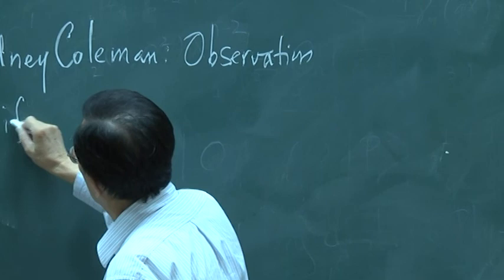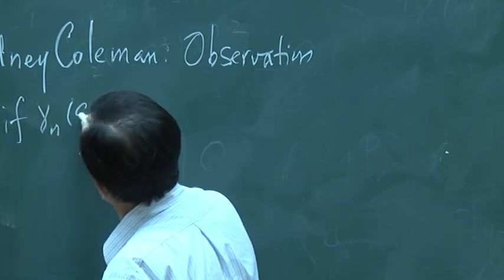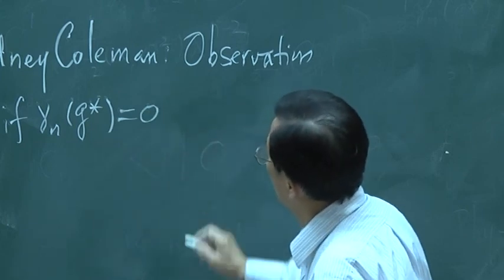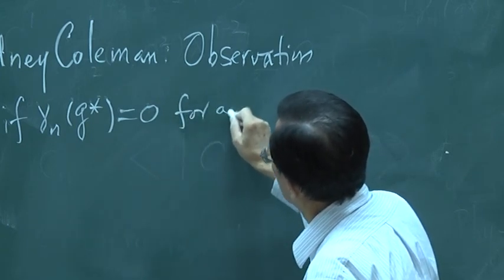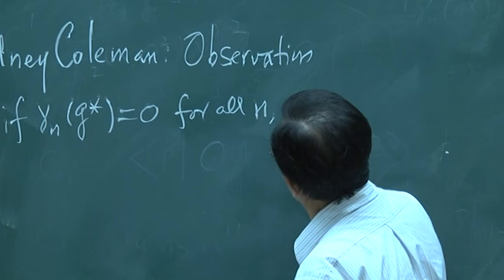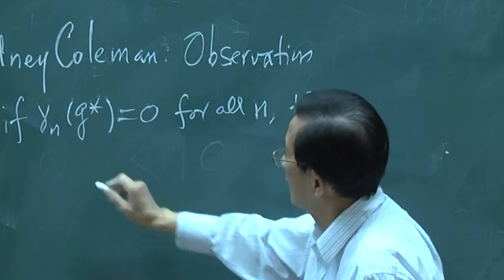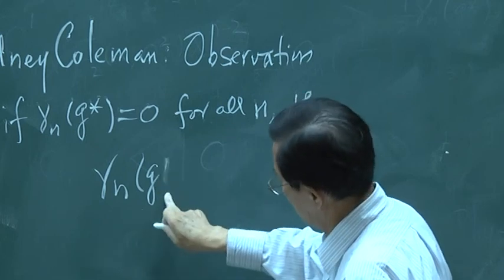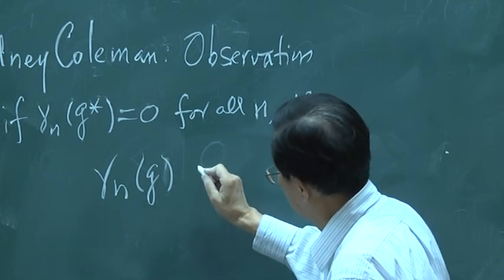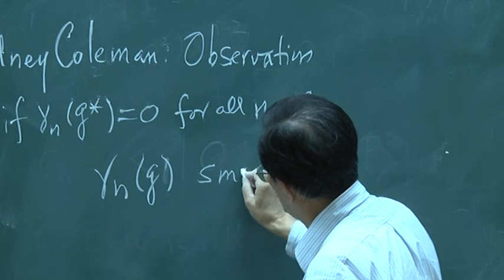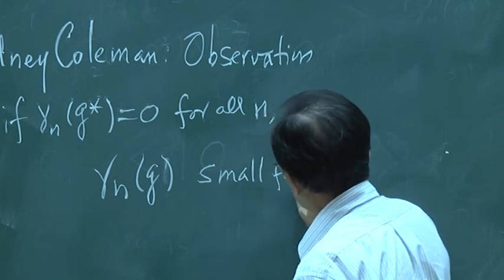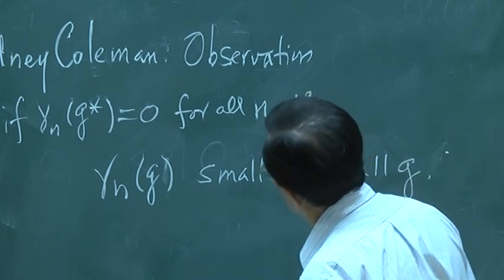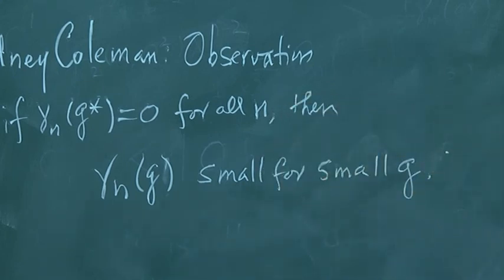If gamma n of G star is equal to 0 for all n, then gamma n of G for general G must be small for small G. Okay?